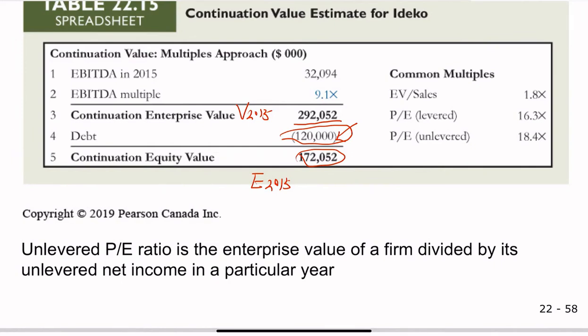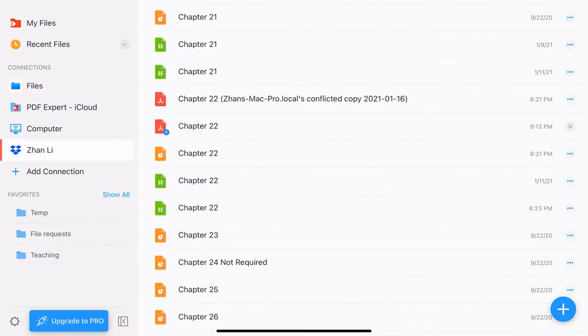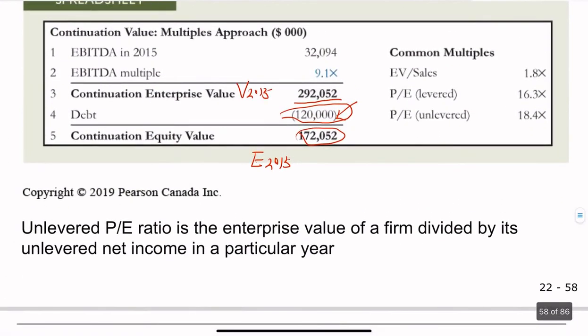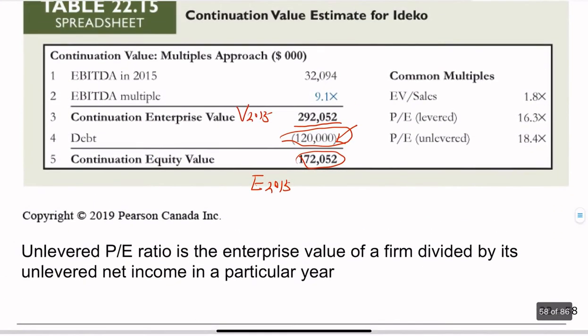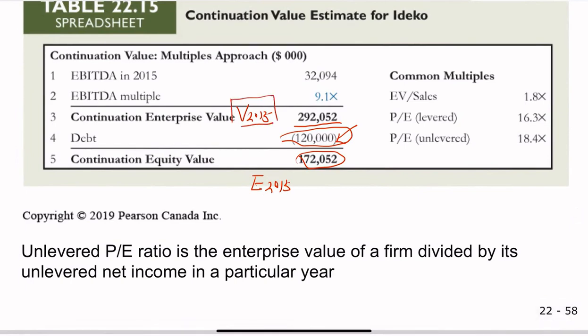And then after calculating this number, after calculating the firm's value in 2015 and the firm's equity's value in 2015, we can actually double check whether these two values make sense.